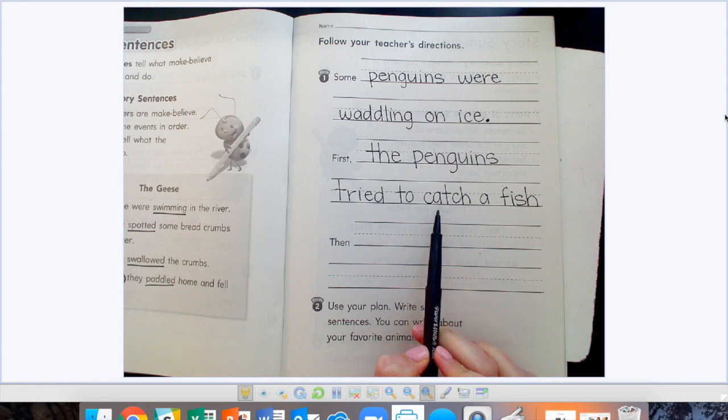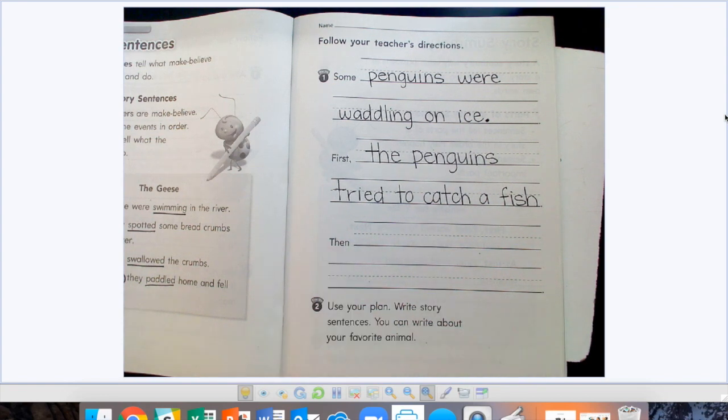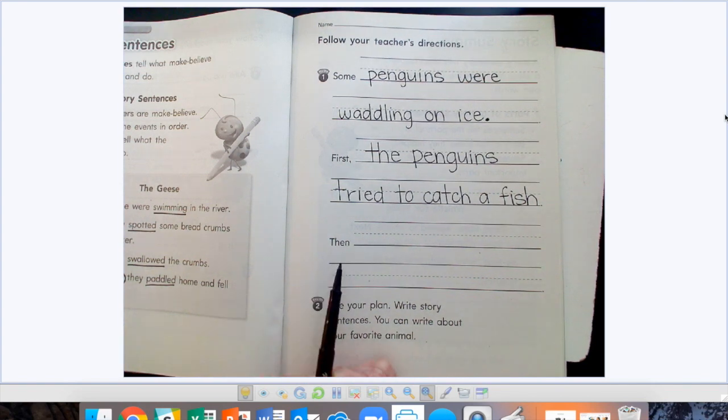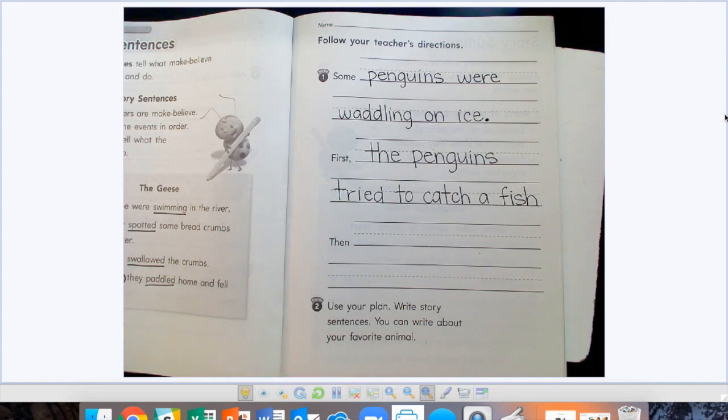So instead of the word eat, I used a vivid verb, catch. Then, there's our next word telling the events in order.